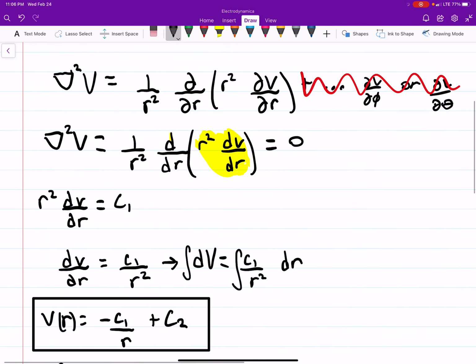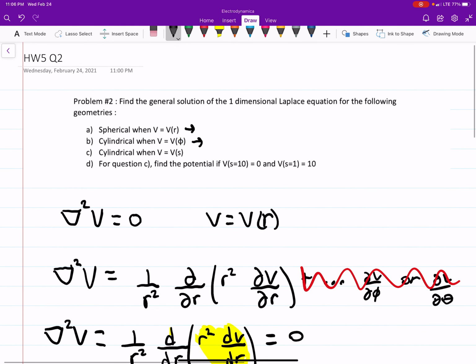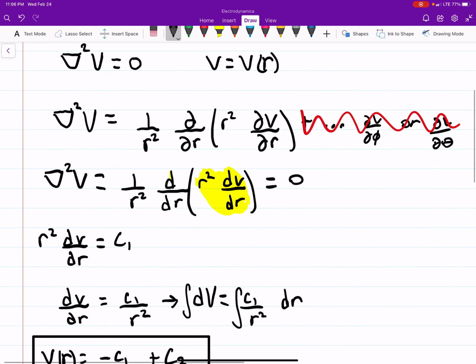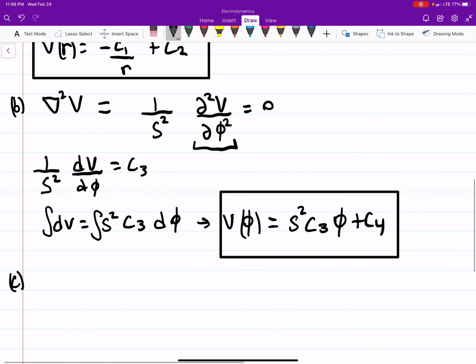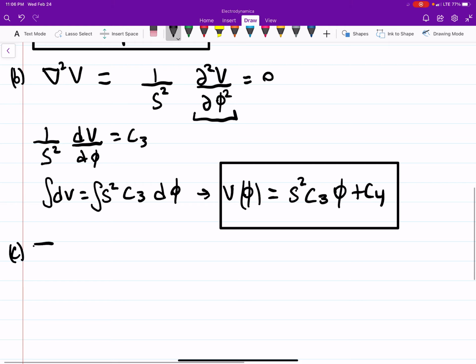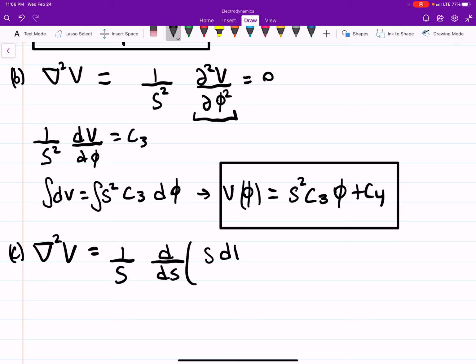Now for part C, it's also cylindrical, but now the only dependence is s. So we're only concerned with anything that's s dependent. So the Laplacian of our potential is then 1 over s. In one dimension, it's just a normal derivative, d by ds of s dV ds. And this needs to equal 0.